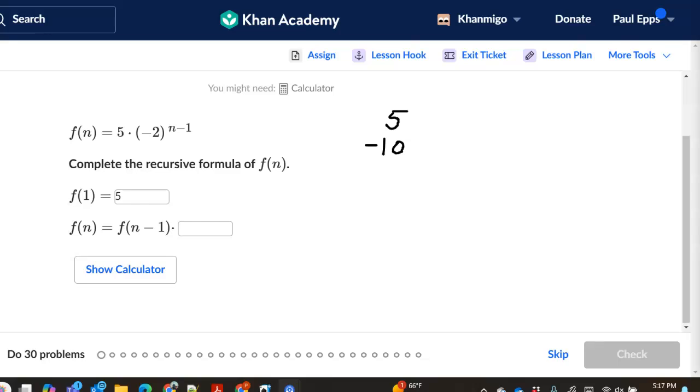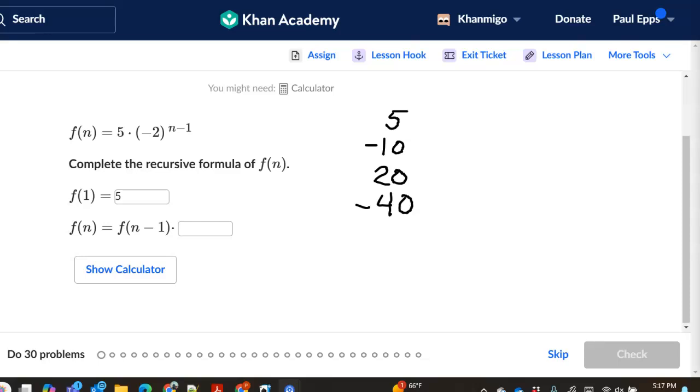All right, what if n goes to 3? Then we have 3 minus 1 is 2, -2 squared is 4, and 5 times 4 is 20. Let's do one more. 4. 4 minus 1 is 3, -2 to the 3 is -8, and then we get -40.